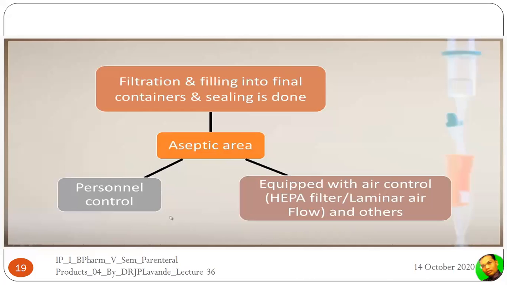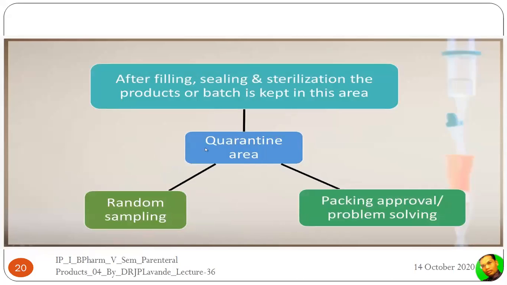The quarantine area, this area is said to be the finished product area. After filling, sealing, and sterilization, the product or the batch is kept in this particular area. This is the area which is said to be the random sampling area.